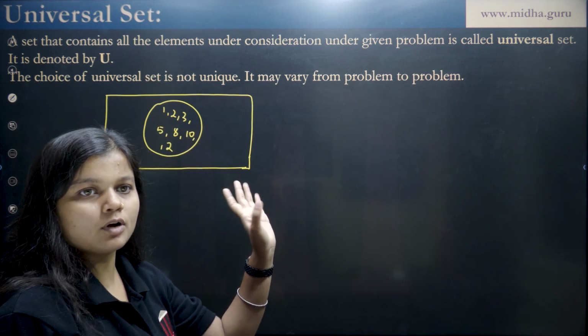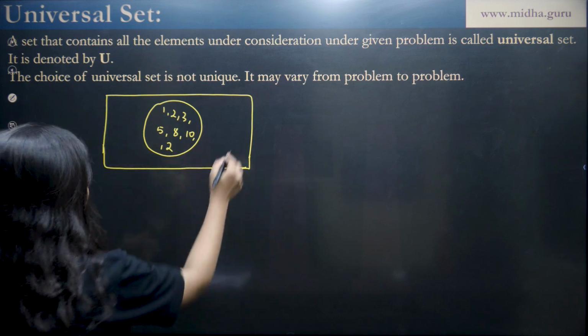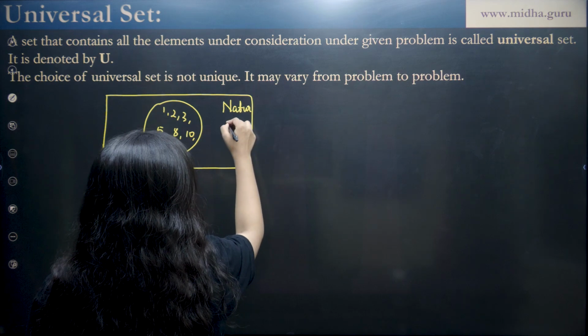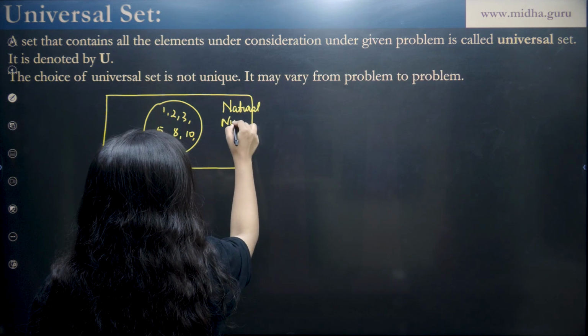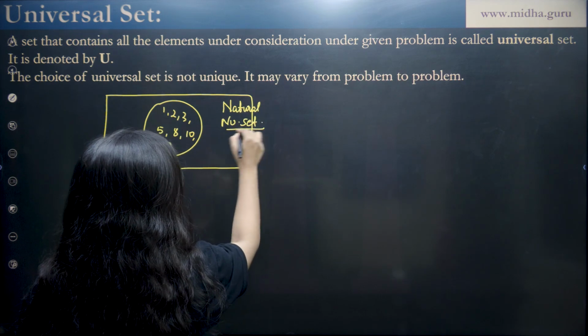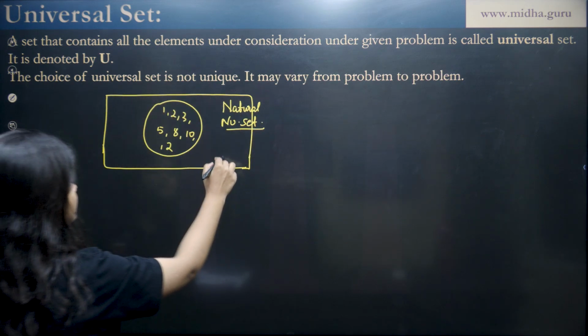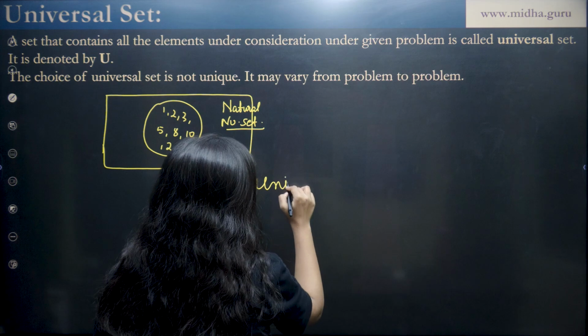These are the numbers of some set, and this set is the natural number set. So this whole rectangular box is known as the universal set.